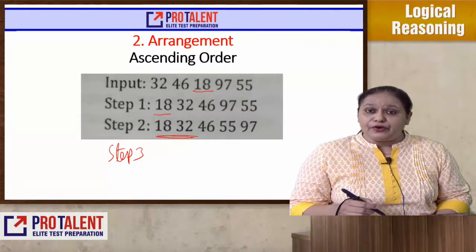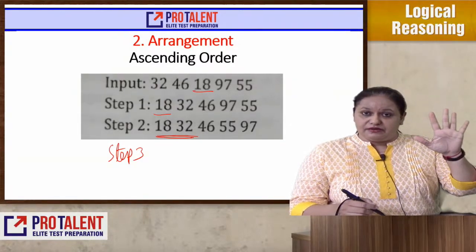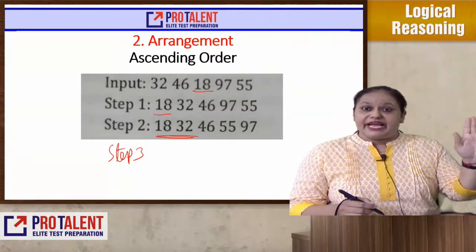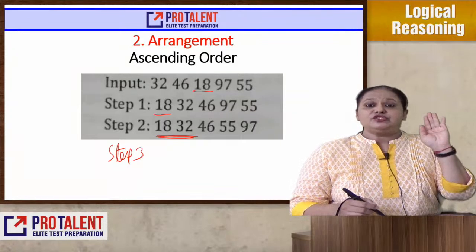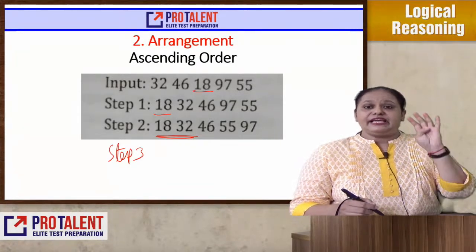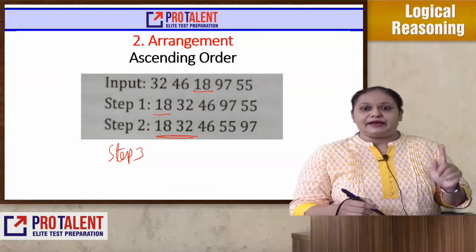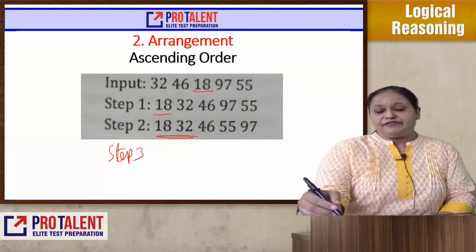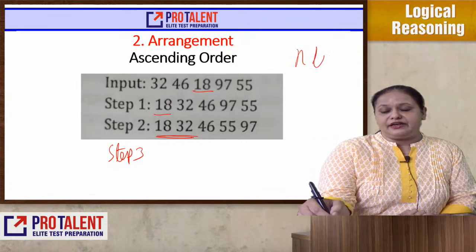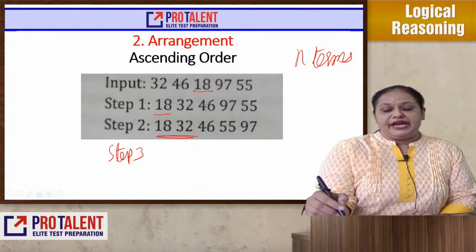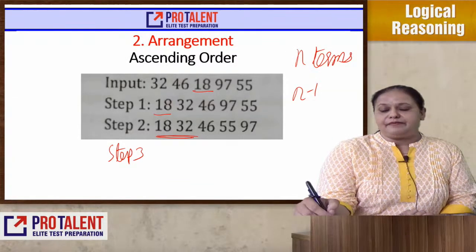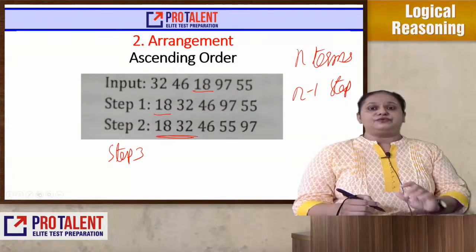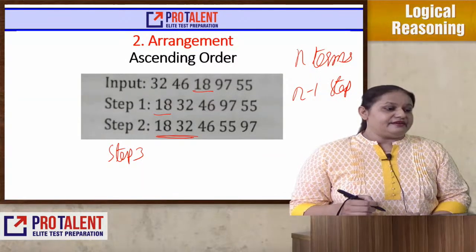If the input is of 5 terms or 5 numbers or 5 words, every time it is not necessary that there will be 4 steps. The final step is not necessary to be 4. If there are n terms as input, it is not necessary there will be n minus 1 steps. This is the point I am making clear over here.